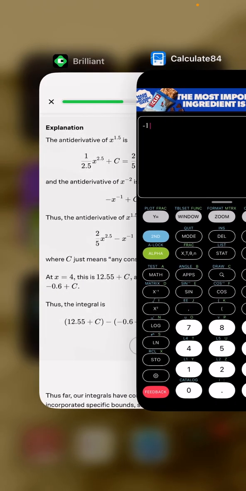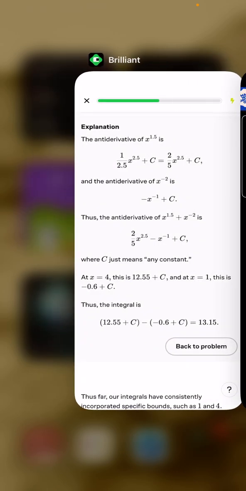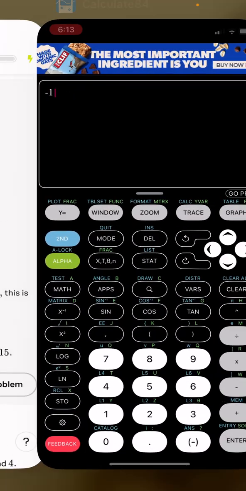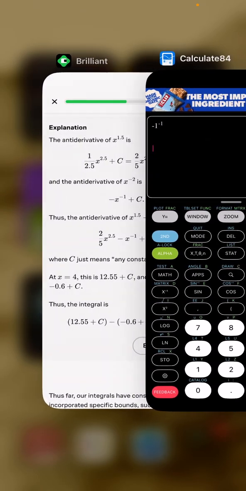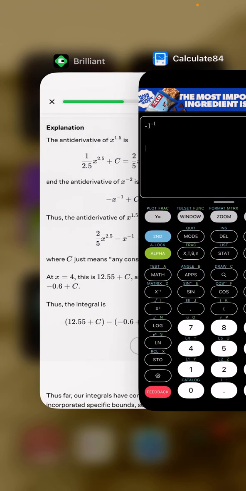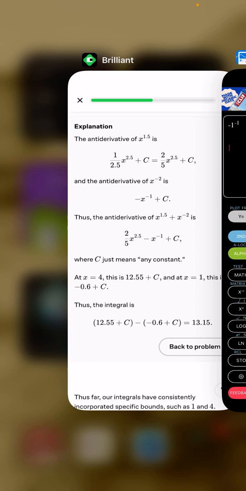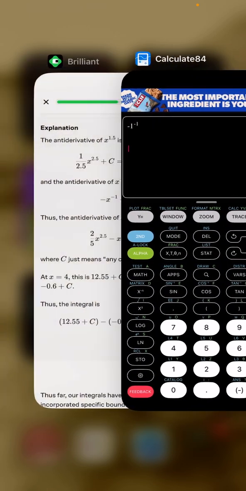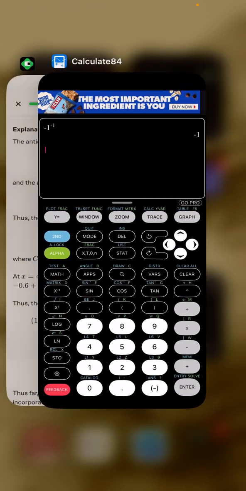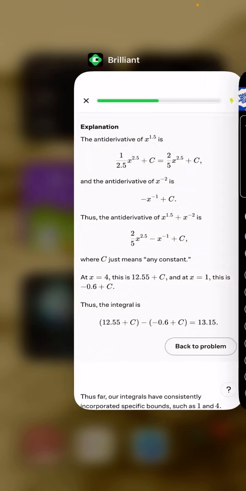Okay, 1. X equals 1. Equals negative 1. Negative 1.